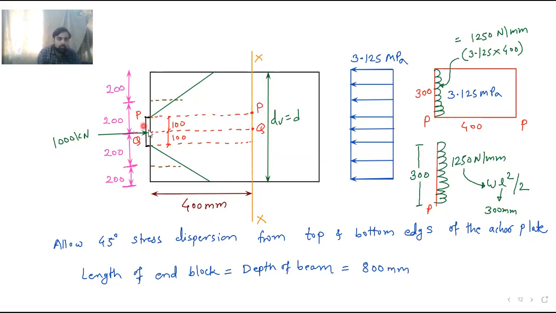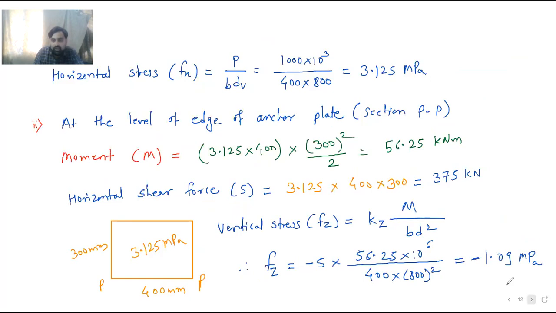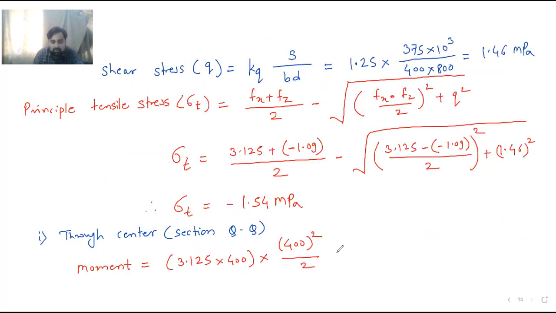So P by 2 means 500 kilonewton is the pre-stressing force that we should consider over here. And for the moment up to the edge, the distance is 100 mm. So we will consider this also in our calculation up to this point.